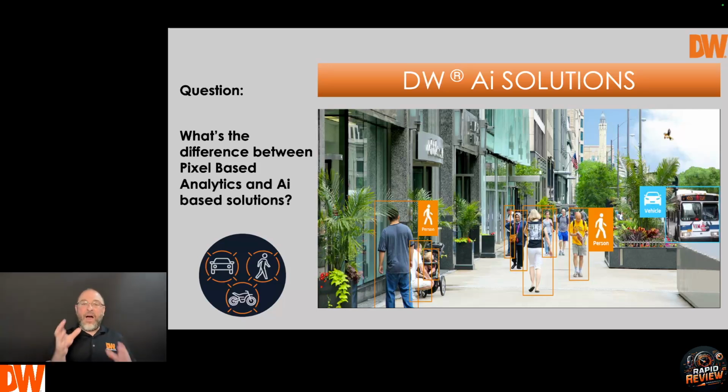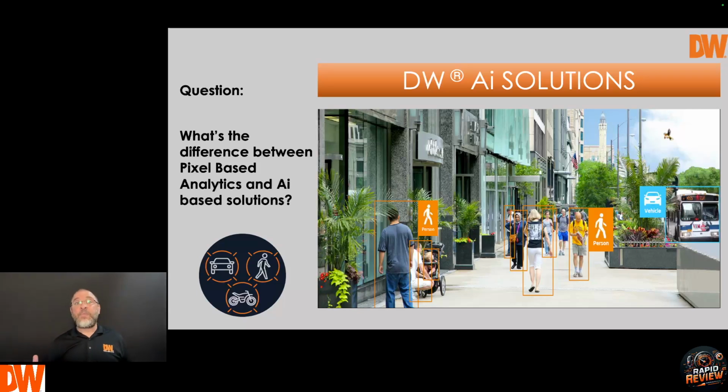We turned on an AI and then fed it thousands of reference images of people, all sorts of people from all sorts of different angles, until the AI came back and said, I got it. I know what a person is. We did the same things with cars, trucks, vans, forklifts, motorcycles, all that jazz.